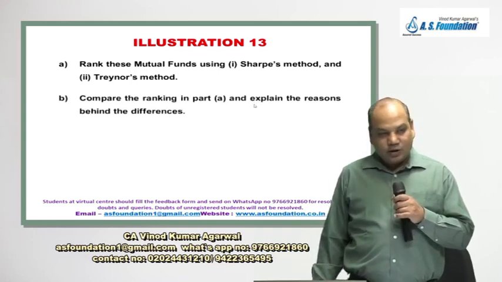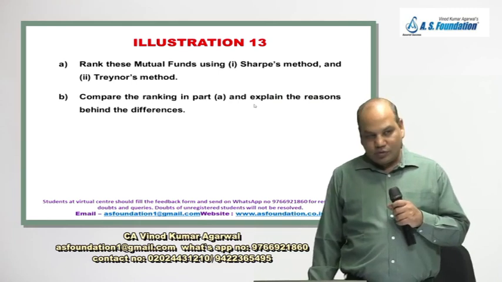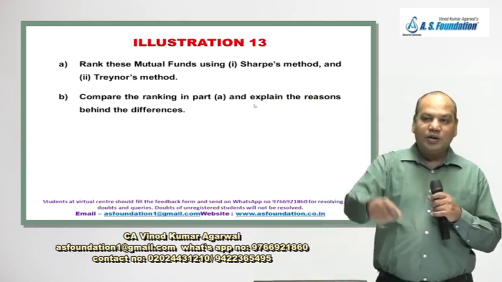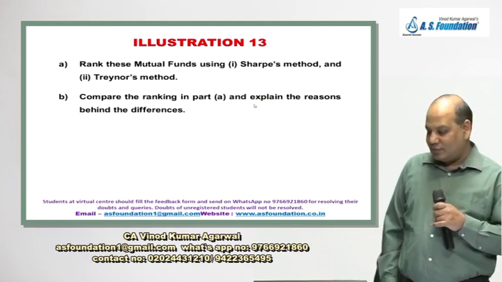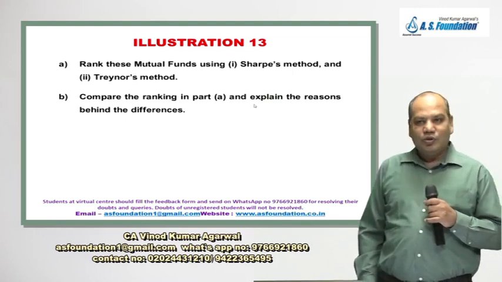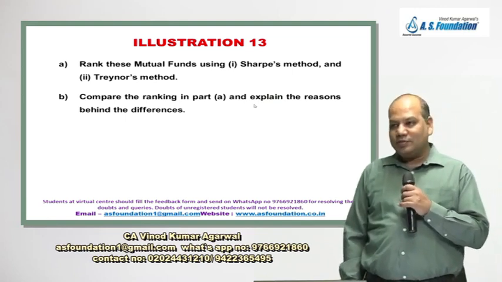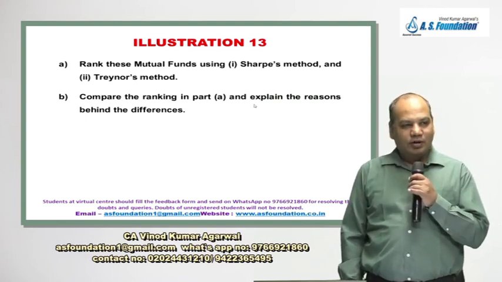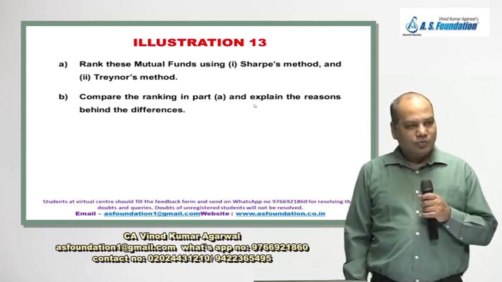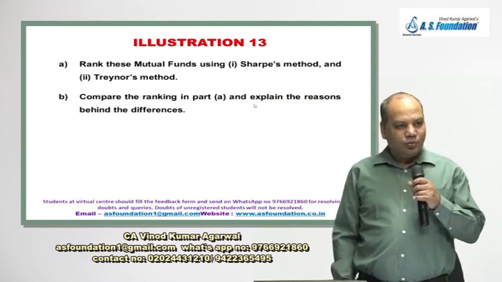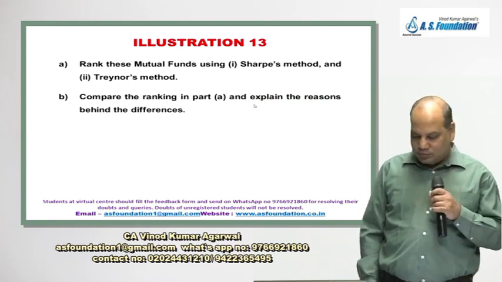Then compare the ranking in part A. So first step will be same. And second is explain the reasons behind the differences. It means this time all mutual funds will not get the same ranking. There can be conflict between Sharpe and Treynor. So then you have to explain what can be the reasons for the differences.